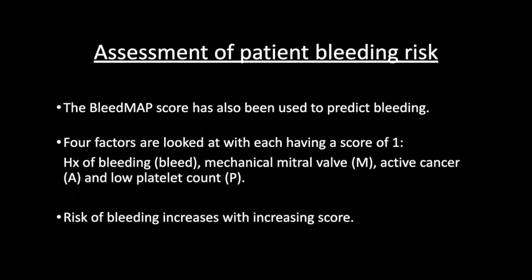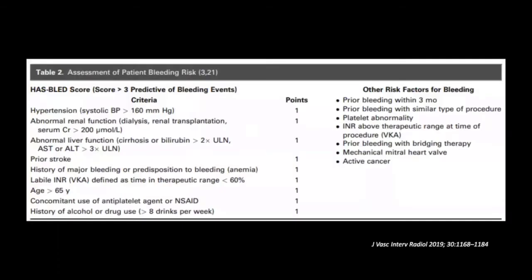So other bleeding risk scores that are known are the BLEED-MAP score, and the BLEED-MAP score has 4 factors that are shown here: the history of bleeding, recent history of bleeding, mechanical mitral valve, active cancer, patients who have low platelets, and this will also increase as we expect. The more the score increases, the more the bleeding risk increases.